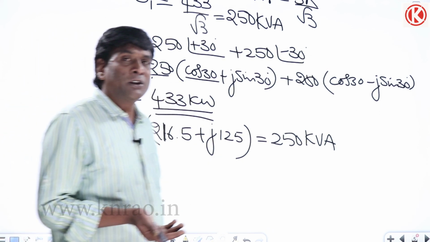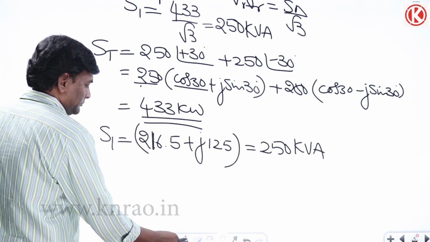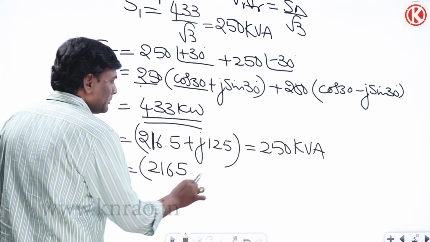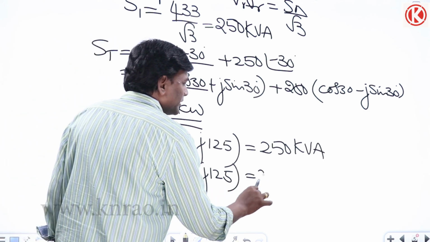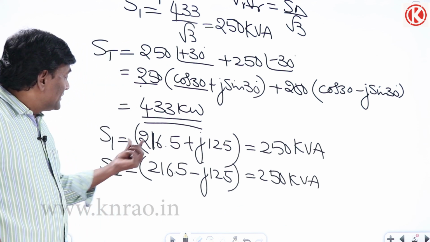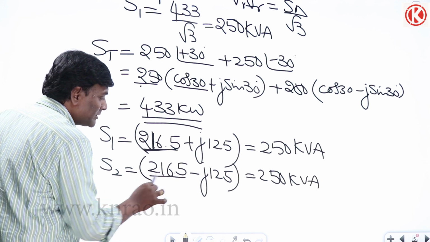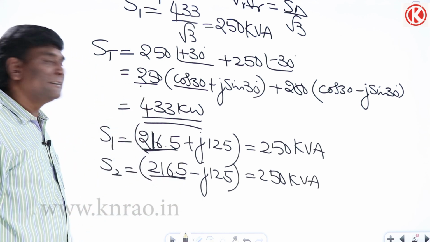Now who is going to absorb that? Another transformer is going to absorb. And S2 is going to be again 216.5 minus j 125. It is going to be as usual 250 only. What does it mean? My first transformer is delivering 216.5, the second transformer is delivering 216.5, such that this plus this is 433 kilowatt.